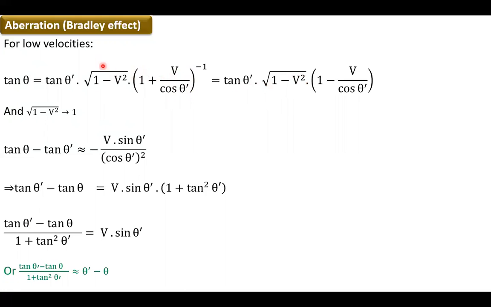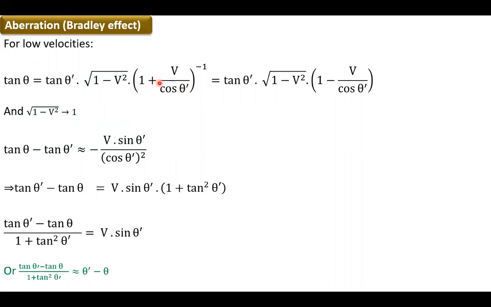If you are at very low velocities, so your v is very small, v over cosine theta prime is like 1 plus epsilon to the power minus 1. So you make a Taylor expansion of this quantity.